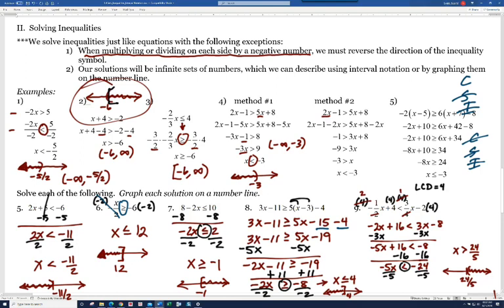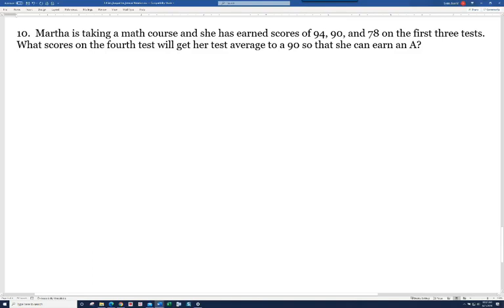All right, we got one last problem to do here. It says Martha's taking a math course and she's earned scores of 94, 90, and 78 on the first 3 tests. What scores on the 4th test will get her test average to a 90 so that she can earn an A? So that last score, that 78, kind of hurt.